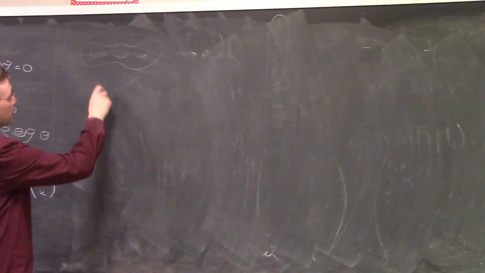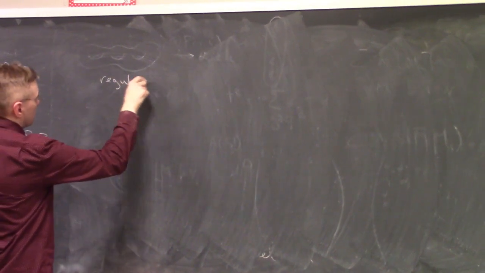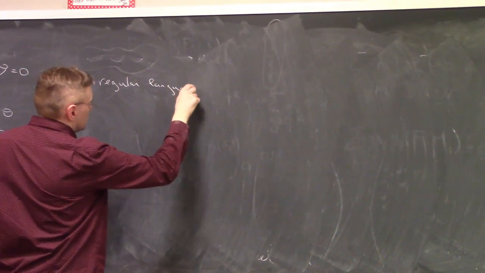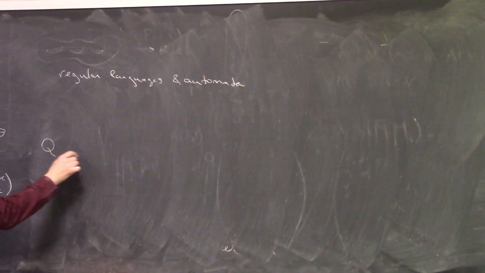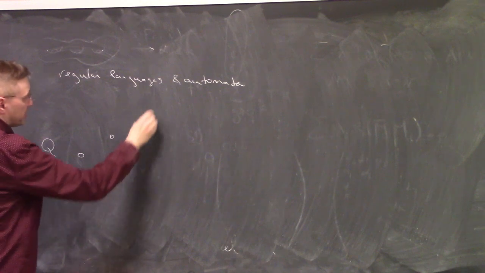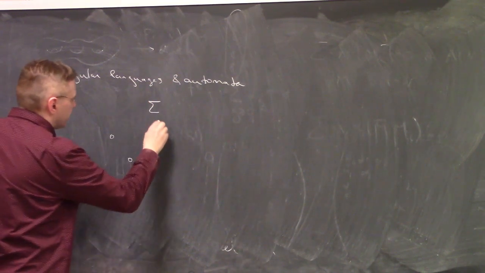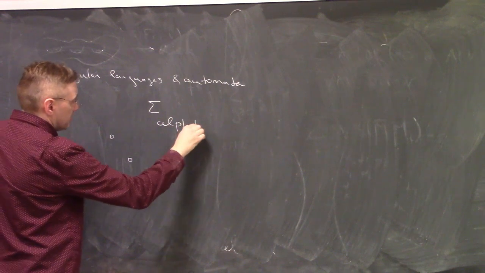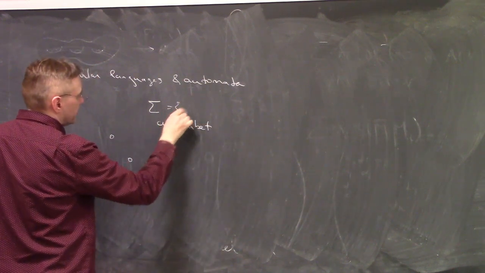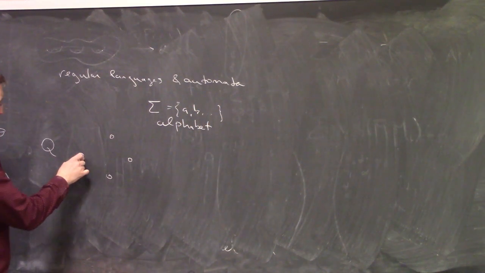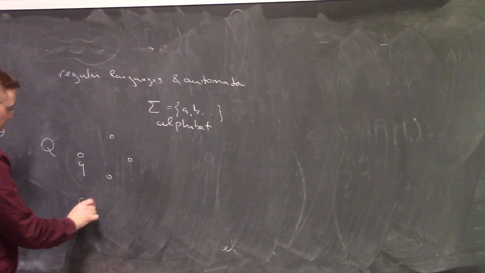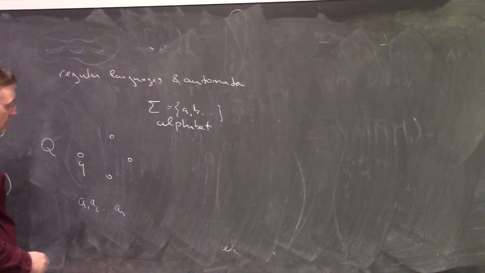Yeah, so in computer science and in the theory of formal languages, there's an important notion of regular languages and automata. An automaton has some finite number of states Q. It corresponds to a finite alphabet sigma with letters A, B, C, etc. In an automaton, you can be in some state Q, reading a word A1, A2, ..., AN.